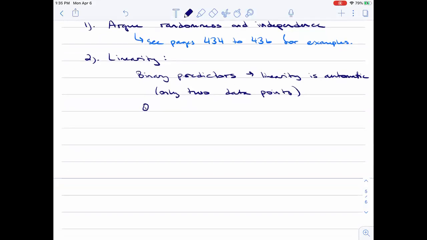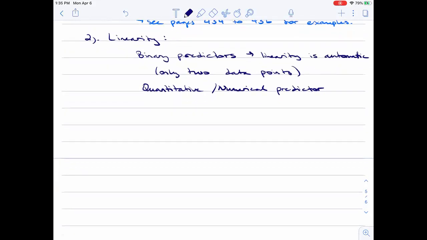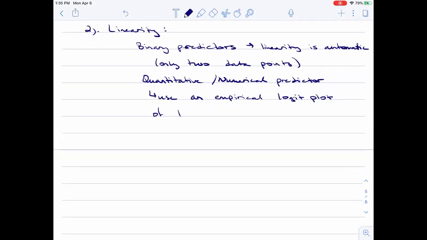If you have a quantitative, or I usually call it a numerical predictor just to emphasize, you use an empirical logit plot of the log odds, which we will not really talk about, but you can still make one.